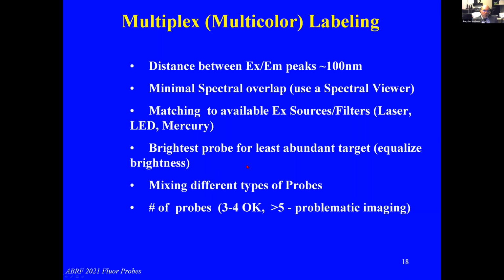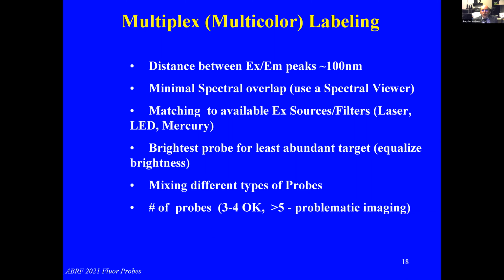So we also should consider mixing different types of probes, and regarding the maximum number of probes with the current imaging system, 3-4 probes are okay. More than that, 5 or more can run you into problems, mostly with the crosstalk or the bleed through, and additional measures need to be taken.